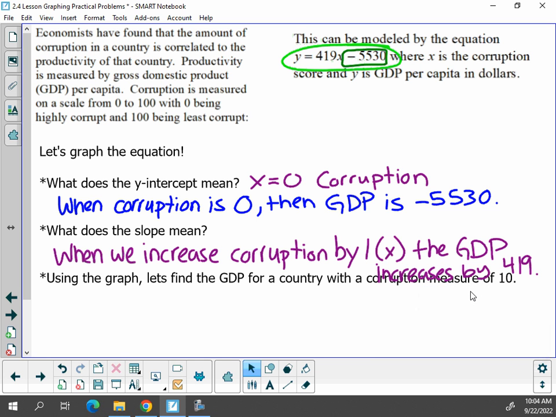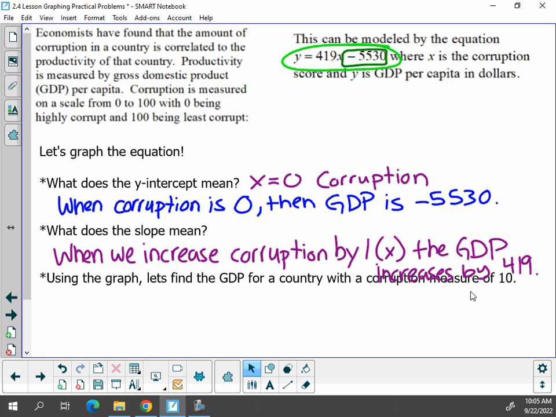So when we increase our corruption measurement by 1, that X value, then since this is a positive slope, a positive rate, we are also going to be increasing our GDP by 419.